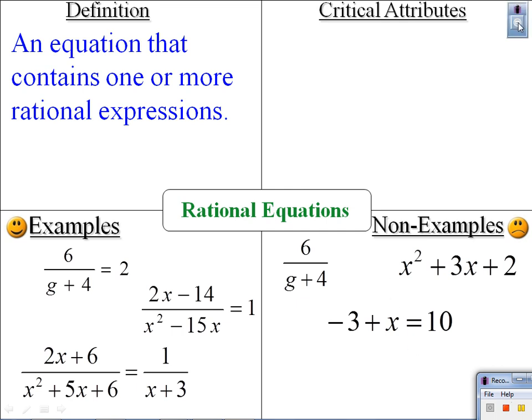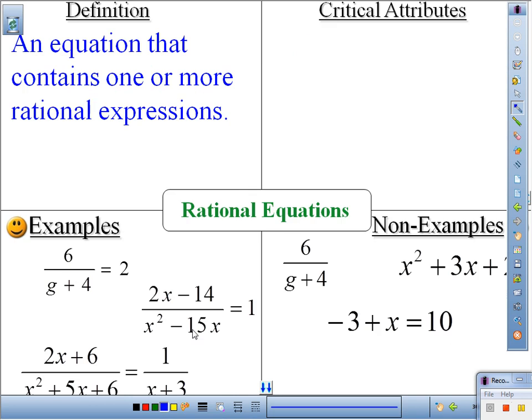All right, so hashtag, what are rational equations? Hashtag what? Tell your neighbor a hashtag, please. All right, Jewel, hashtag what? Equal sign. Pass someone.